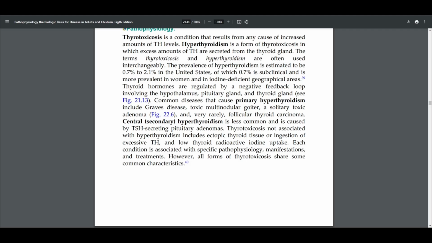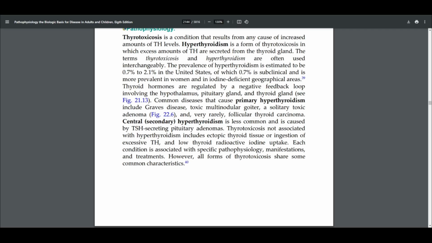Thyroid hormones are regulated by a negative feedback loop involving the hypothalamus, pituitary gland, and thyroid gland. Common diseases that cause primary hyperthyroidism include Graves' disease, toxic multinodular goiter, a solitary toxic adenoma, and very rarely a follicular thyroid carcinoma.